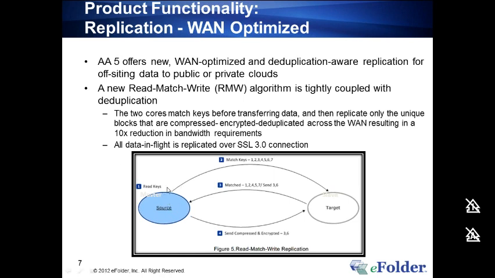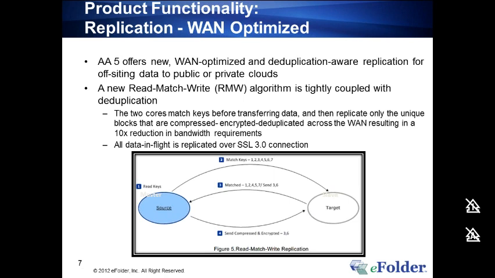Now, we have a read, match, write algorithm. What this essentially does is, on the source environment, it reads the keys for the data. It matches the keys with what's present on the target, if anything, then sends a response back, and then sends the compressed and encrypted data over for what is missing.